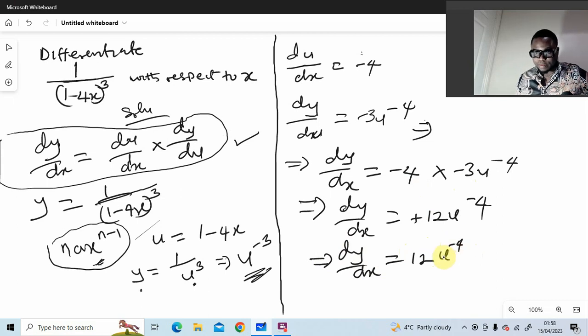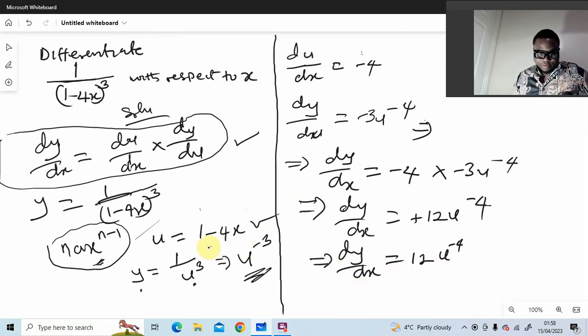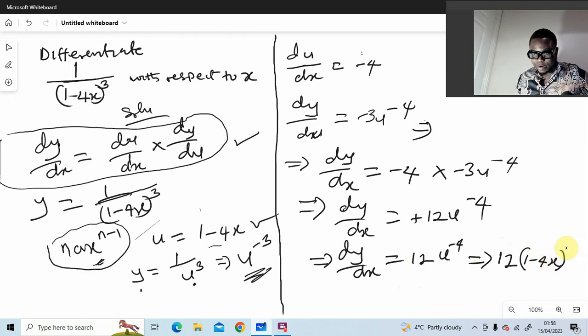Remember that we said let u equal 1 minus 4x, meaning that anywhere we see u here now, I'm going to substitute it with this value, 1 minus 4x. So this will give me 12 times (1 minus 4x) raised to the power of minus 4.